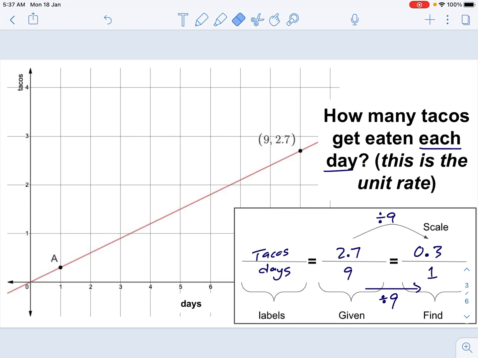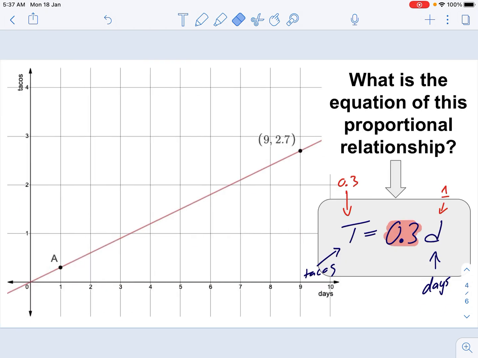Well, I would have to take that unit rate and multiply it by 10. It'd be 3 tacos per 10 days. And you could see right here, if I substitute 10 in for D, 0.3 times 10 is going to be equal to 3. So the equation that represents that line is 0.3D. That's what the equation would look like.